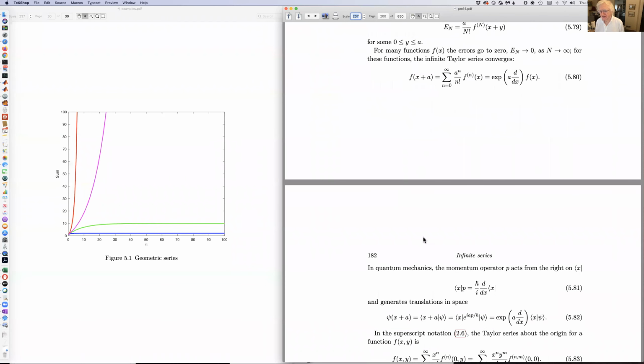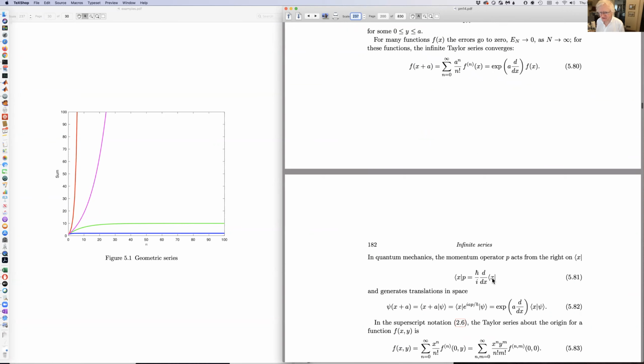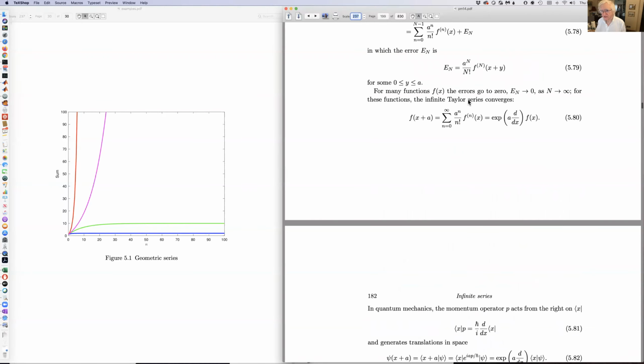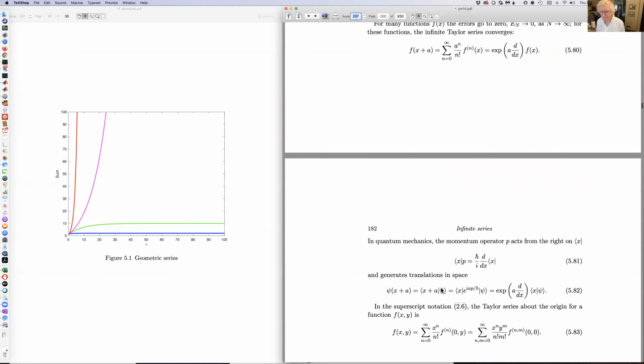And in quantum mechanics, what we say is that the momentum operator acts from the right on a position bra as h bar over i d by dx of the position bra. So in other words, psi of x plus a, which is the inner product of the position bra x plus a and the state psi, you can write as this expression here.